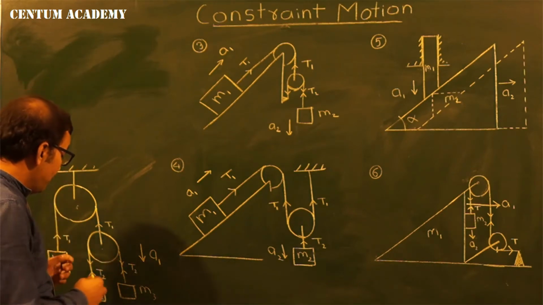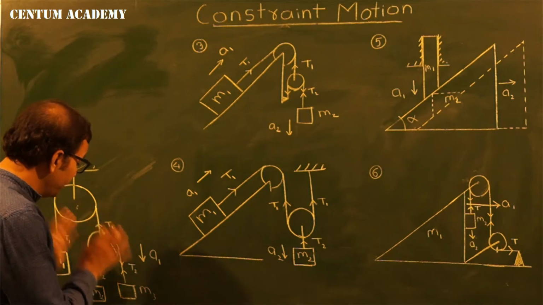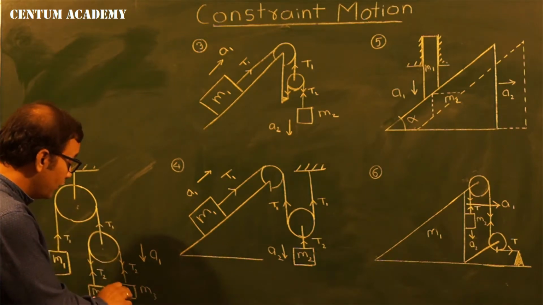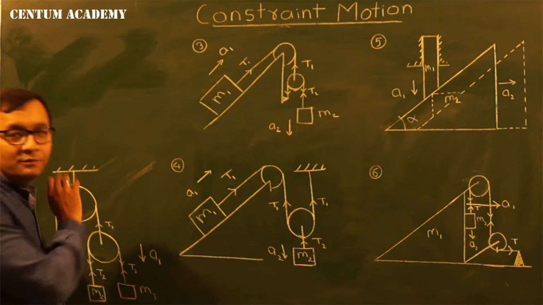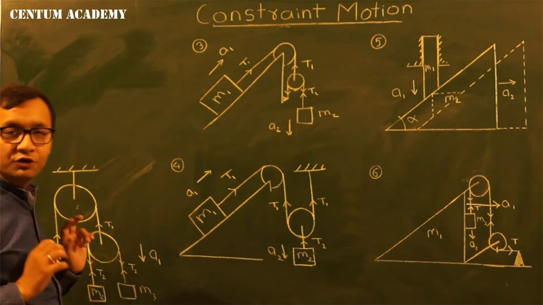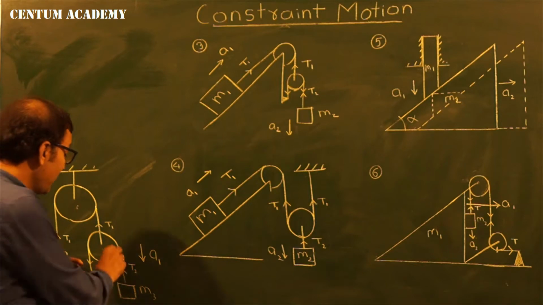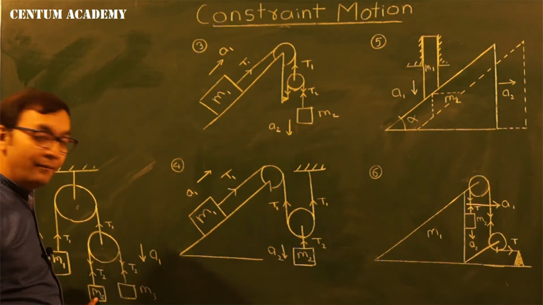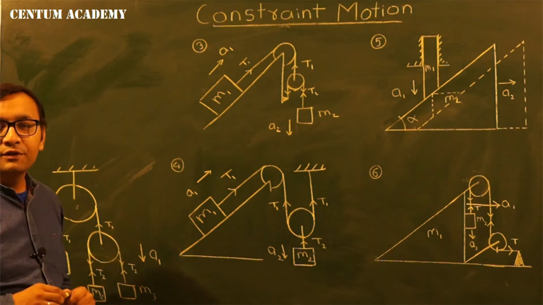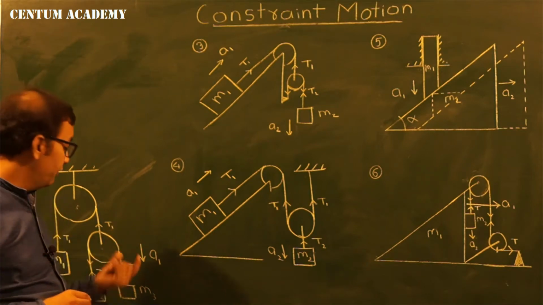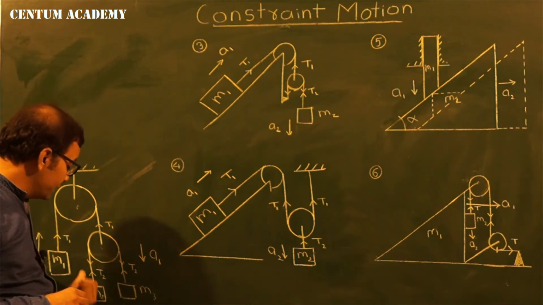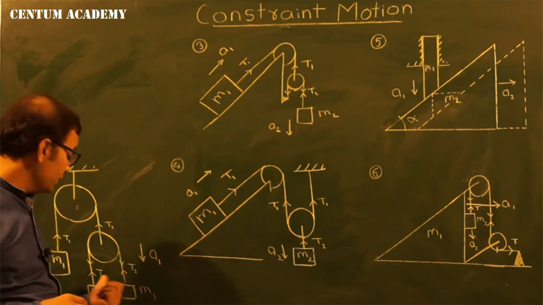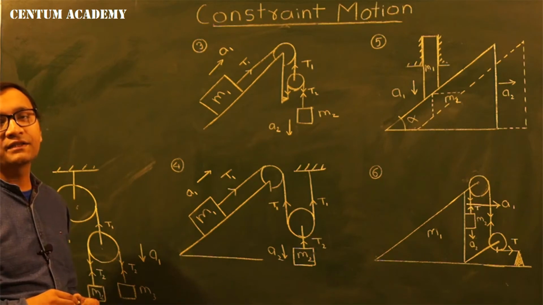Now, if you can visualize, M2 will move because M3 is moving and the pulley is moving, because of these 2 motions, right? But with respect to this pulley, the acceleration of M2 will be equal to the acceleration of M3, isn't it? With respect to the pulley, whatever distance this moves, the same distance this must also move, because even the second string is inextensible.